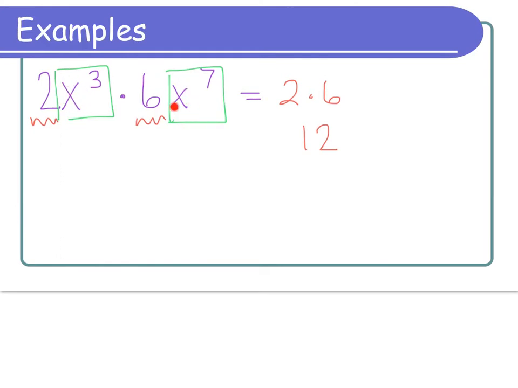Remember, these exponent rules work when there's the same base. And when we multiply, we should add exponents. So we should find ourselves doing x to the 3 plus 7 power and get x to the 10th. So if you got 12x to the 10th, you did it right.